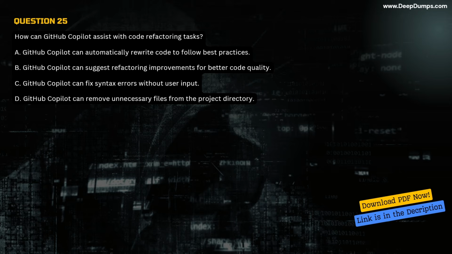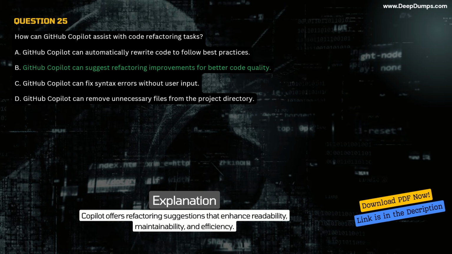D. GitHub Copilot can remove unnecessary files from the project directory. Correct answer B. Explanation. Copilot offers refactoring suggestions that enhance readability, maintainability, and efficiency.